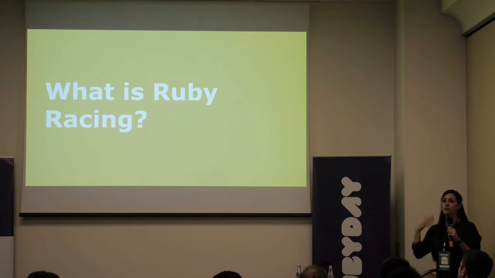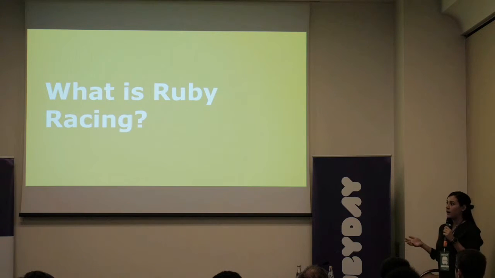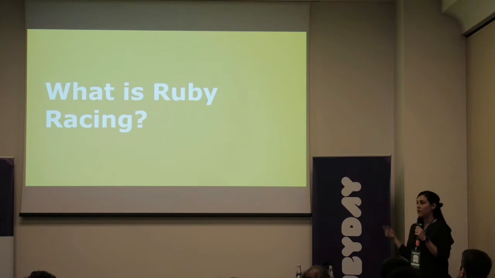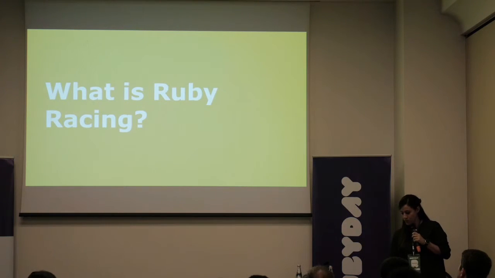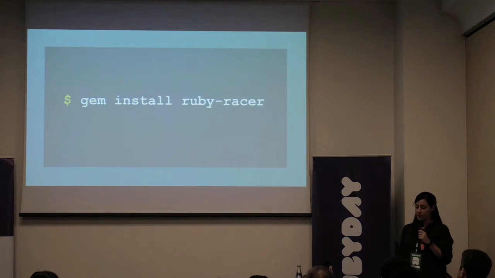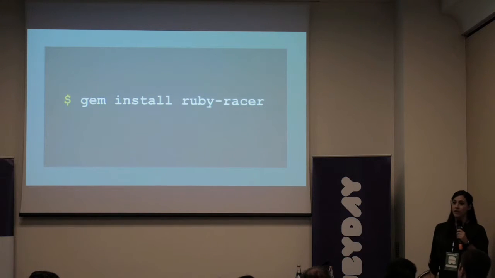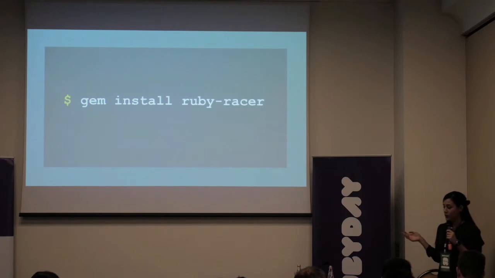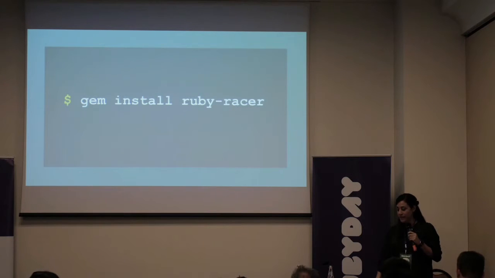Instead of just writing benchmarking again and again, I created a Ruby gem where you are able to pass in your own implementation of a Ruby method and then race it to see which one is faster. I uploaded it to RubyGems. It's called Ruby Racer. If anyone wants to try it out, you're able to gem install ruby_racer.